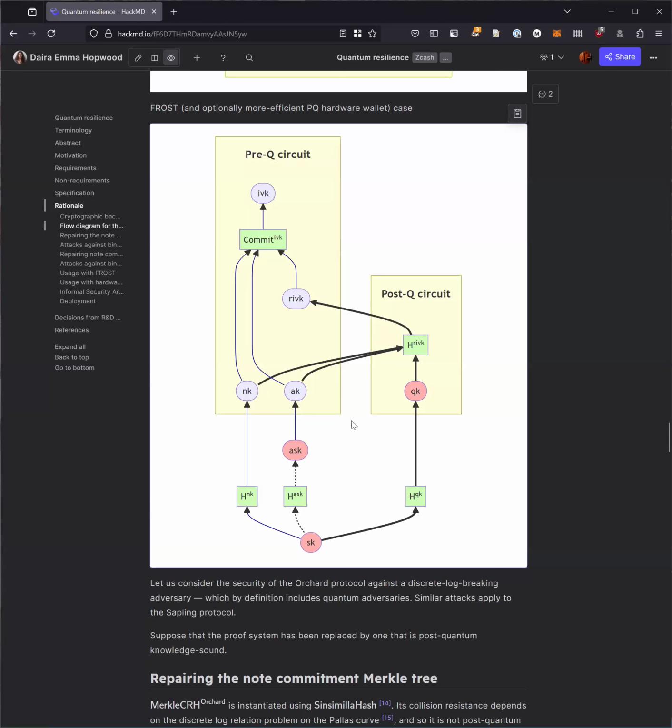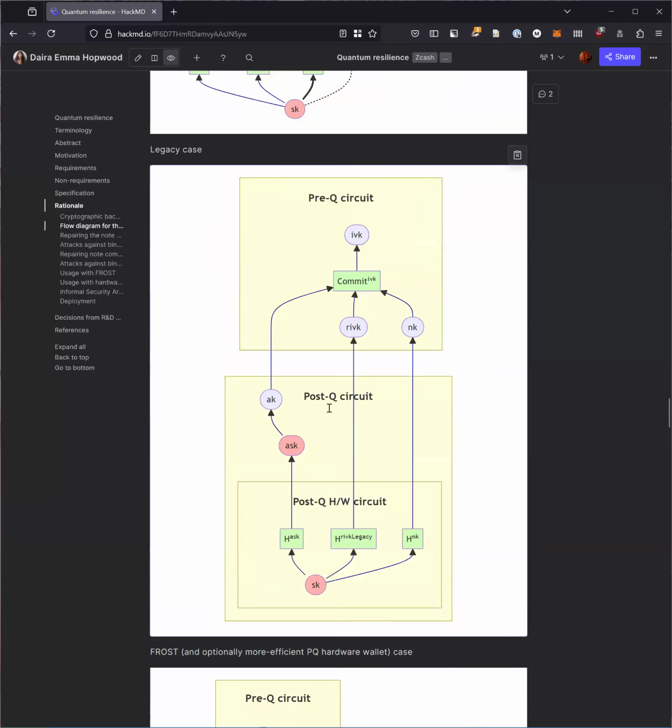I don't know enough about the options for doing Frost DKG in terms of what they can do in terms of resiliency, but if it's guaranteed to be the case that each participant is going to need to remember something of their own, and if there's no good way to have SK or some equivalent of it derived from the group SK, then another option here, just spitballing, would have been to derive NK from AK, which causes problems in your proofs, because that's part of the reason why we use an SK in the other protocols, because then you can treat this layer of the protocol as basically independent values.